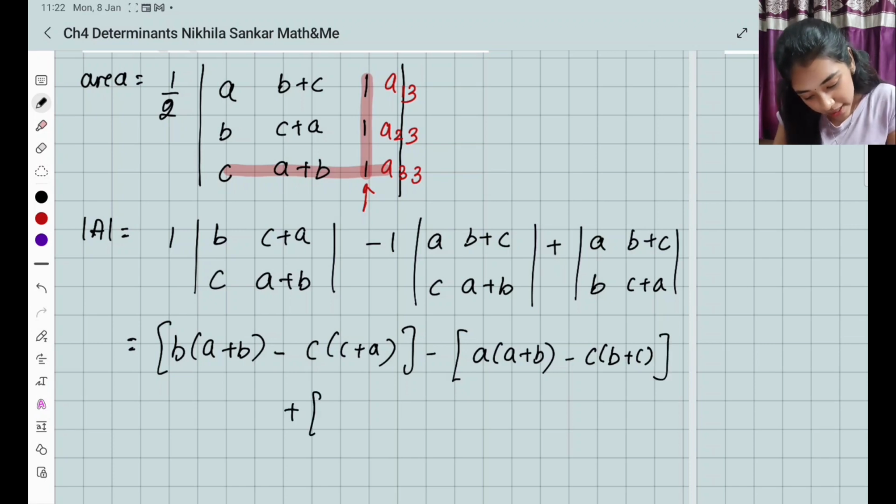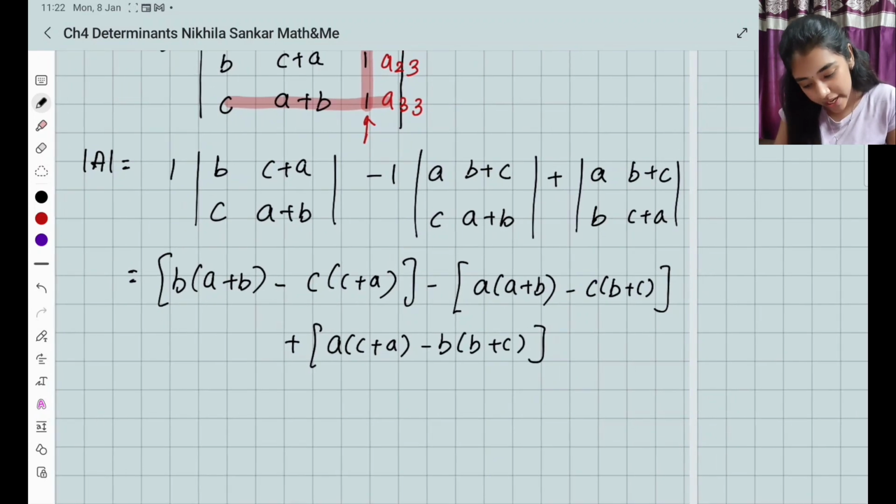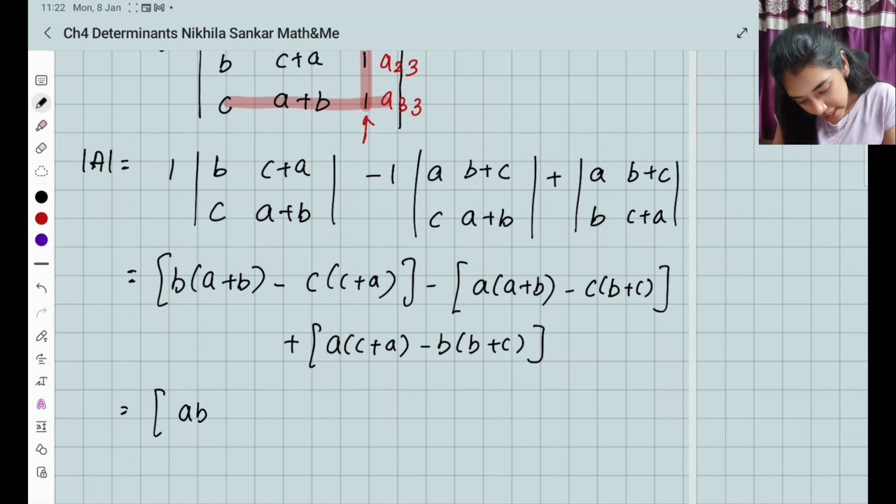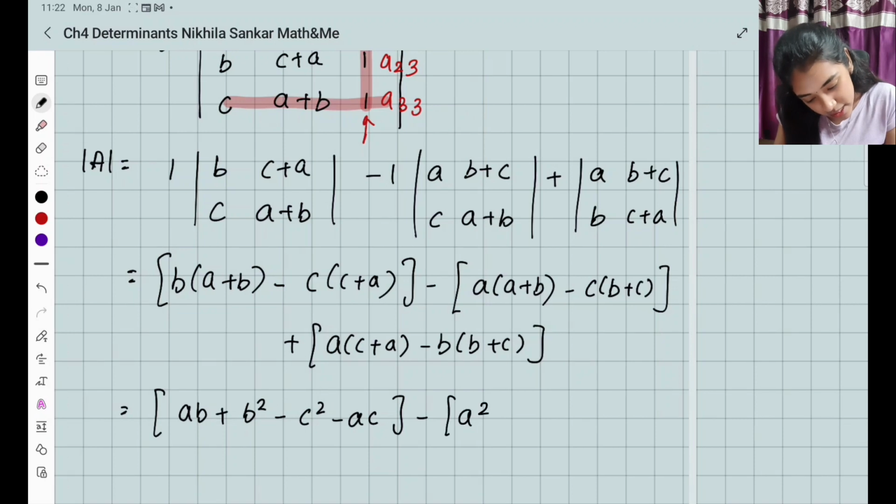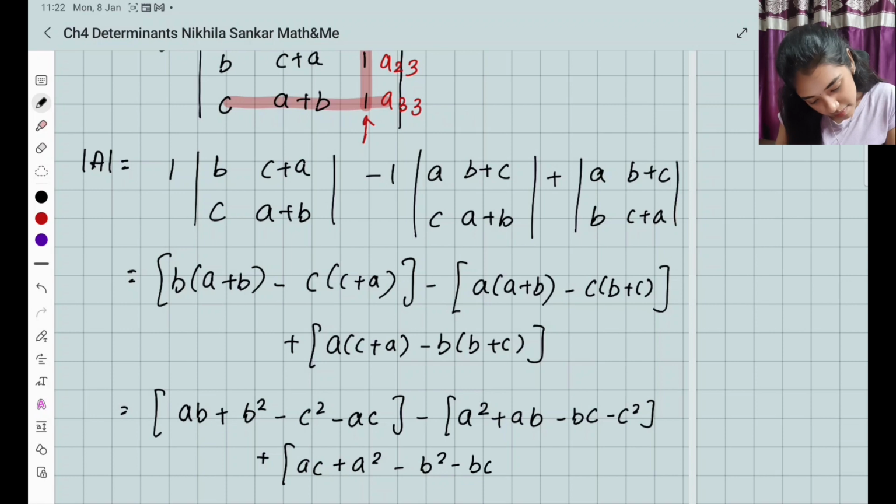Plus when I open the bracket, A times C plus A minus B times B plus C. இப்போ ஒரு bracket open பண்ணலாமா? So I have AB plus B square minus C square minus AC. இது first term. Second term, A square plus AB minus BC minus C square. Last term is going to be AC plus A square minus B square minus BC.